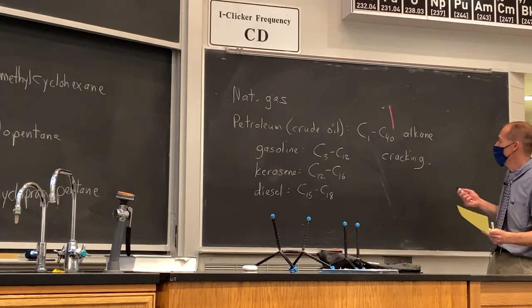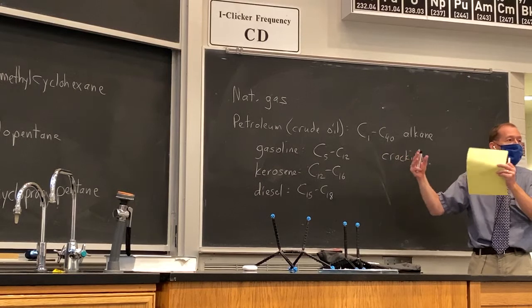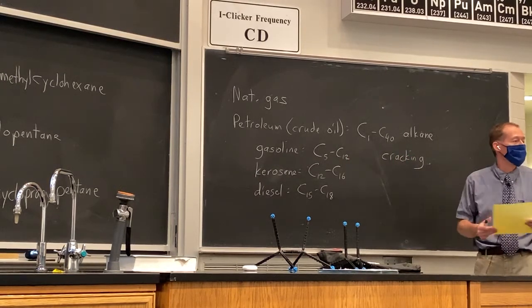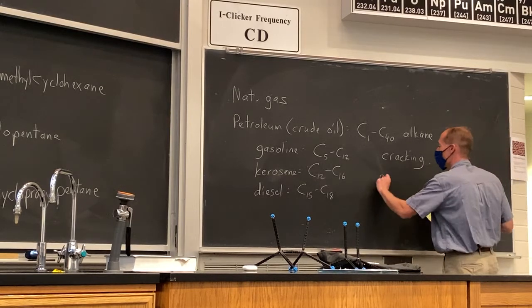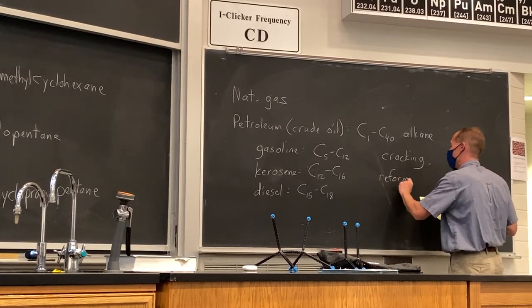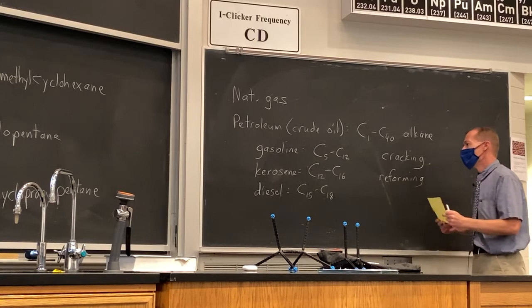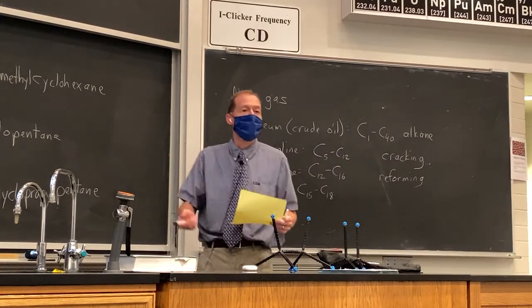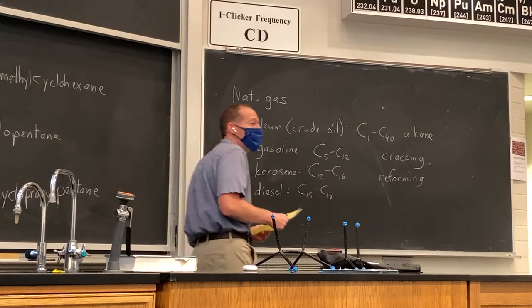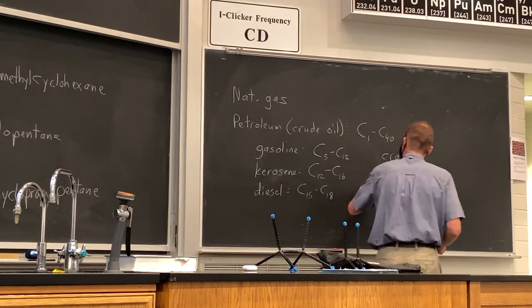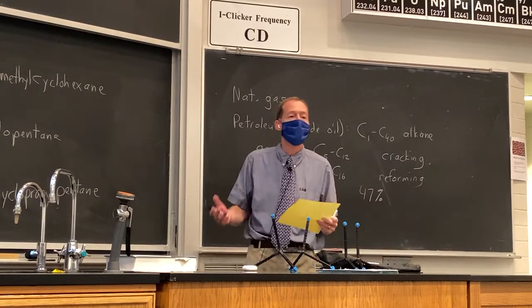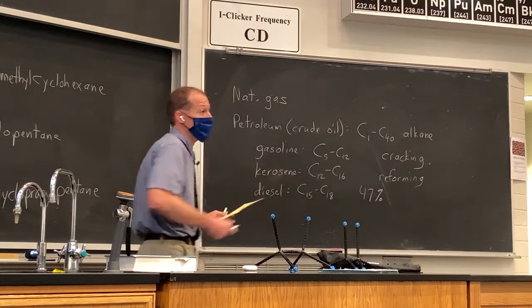So you're taking out the higher molecular weight portion and generating more molecules in the C5 to C12 range. They can also perform a process called reforming, which takes the ones below 5 carbons and links them together. So by combining these two processes, oil companies can convert almost half of petroleum into gasoline.